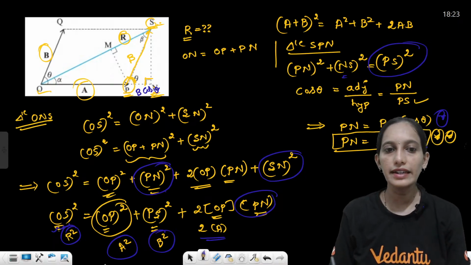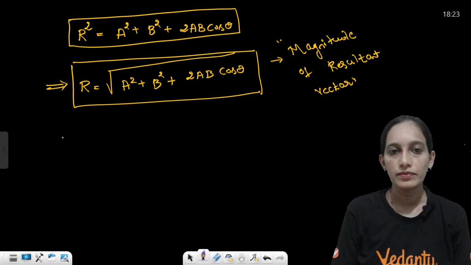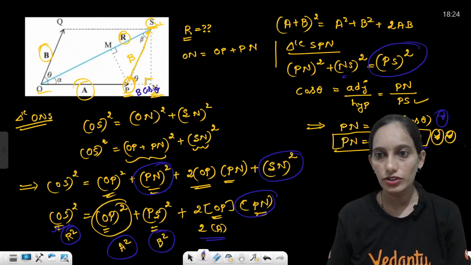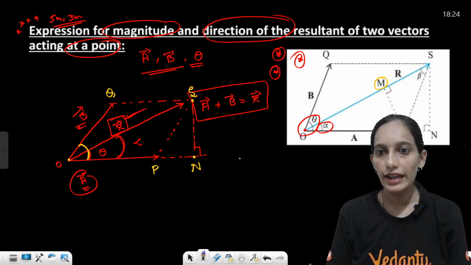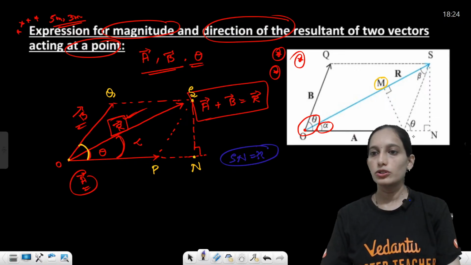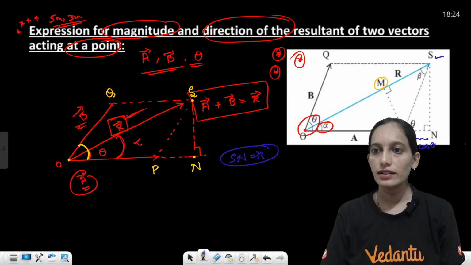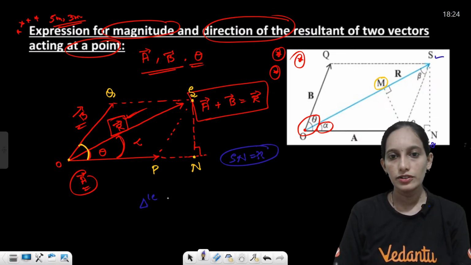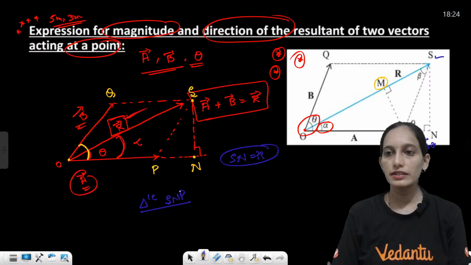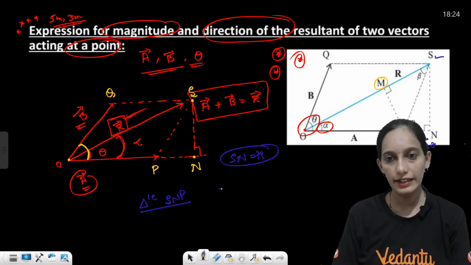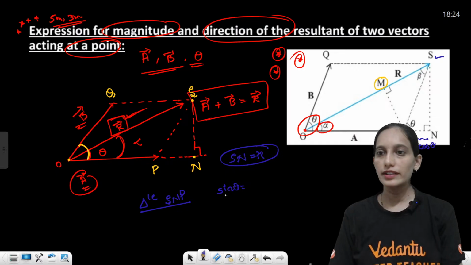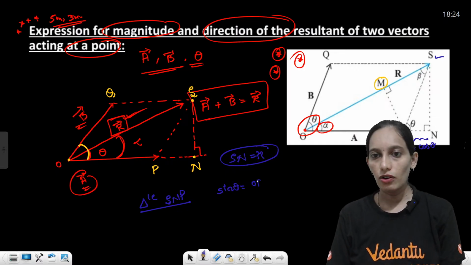Can someone try to write what Sn can be written as? Let me go to the first diagram itself. Pn we already know, that is nothing but B cos theta. Consider the triangle SNP. Hint: write sin theta. Sin theta in SNP is opposite by hypotenuse.